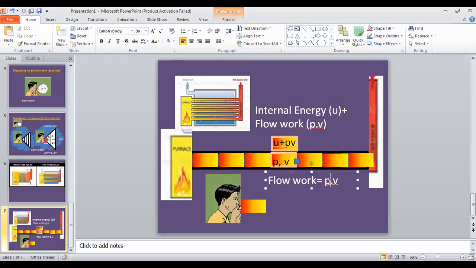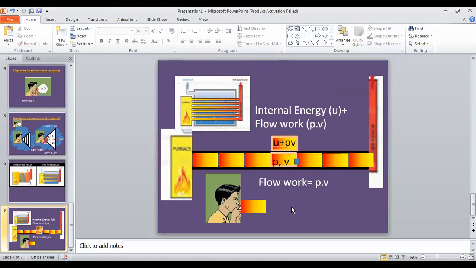So flow work is PV. So try to understand a little bit on this. This effect is there when the flow is entering into this. So this pushes here. So there is a built-in energy within for this flow.